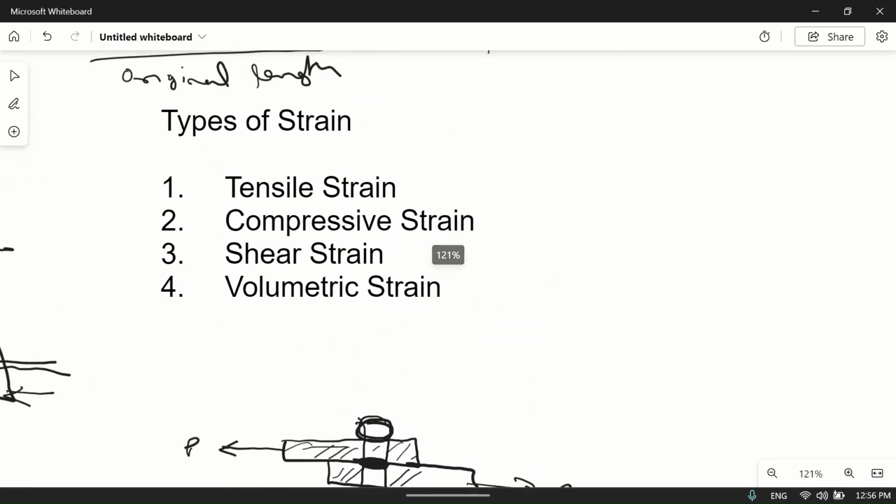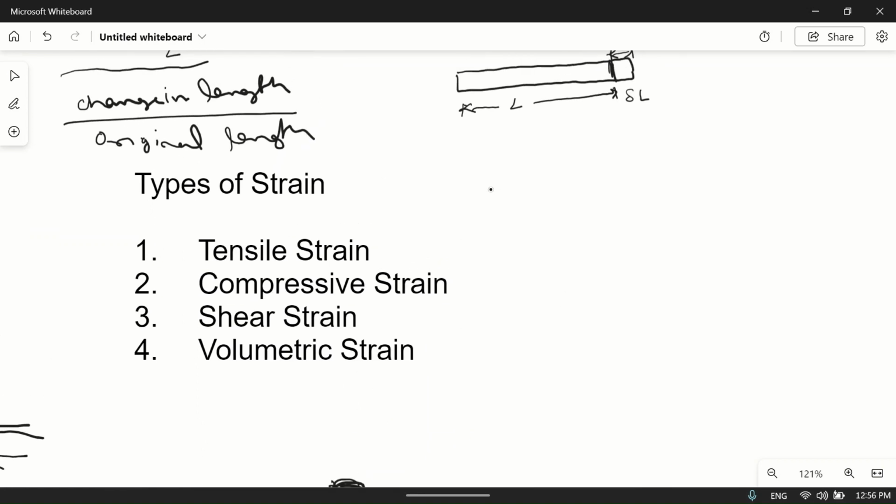Like, here we have tensile strain. Tensile strain, as I told you, is when we are applying a force, then this material is trying to get elongated. This is an increase in the length. So tensile strain will be delta L by L. Then there is compressive strain.